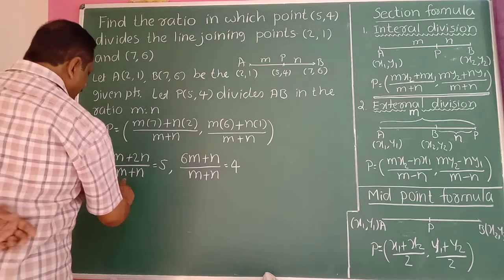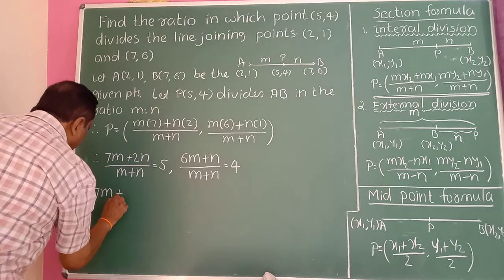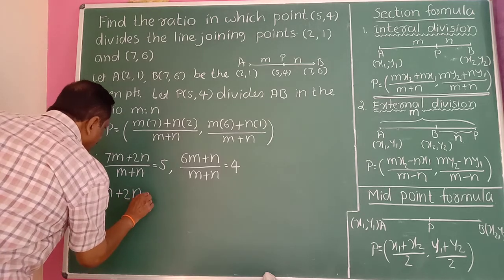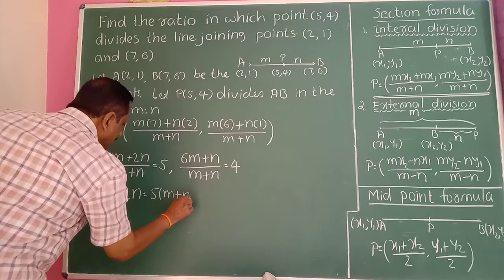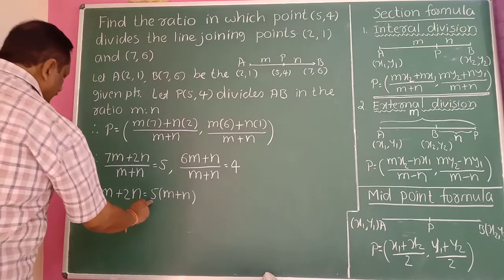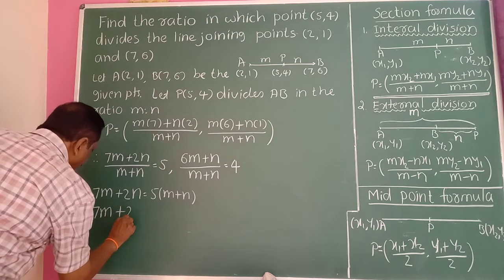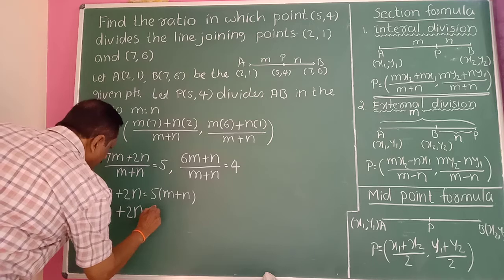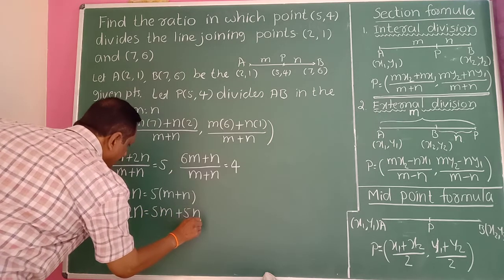Therefore cross multiply: 7m plus 2n is equal to 5 into bracket m plus n here. I am taking this result here. Then take the 5 inside the bracket. So 7m plus 2n is equal to 5m plus 5n here.